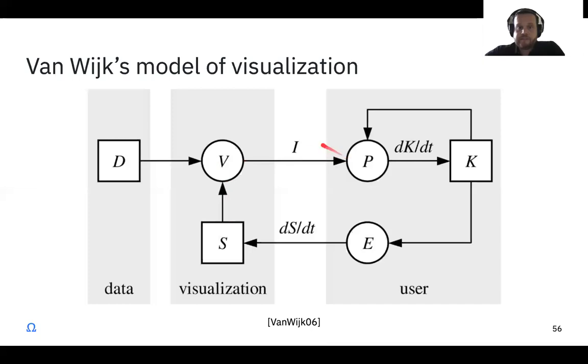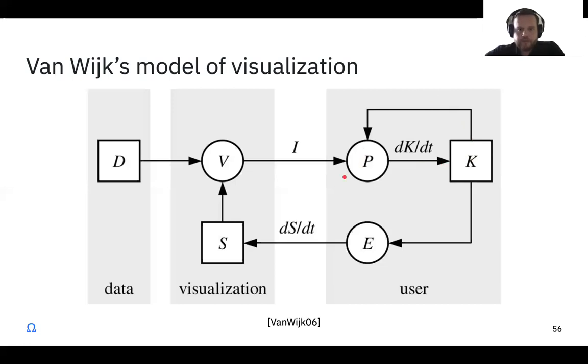It will produce the representation, which is called the image, hence I. The image is perceived by the user, so that's the P, perception, and it hopefully leads to knowledge, namely to the delta of knowledge over time, or basically the change evolution over time here, derivative. And the knowledge, of course, influences perception, which is logical. So a more experienced user, more domain knowledgeable user will perceive things more efficiently. So this is a positive feedback loop, of course.